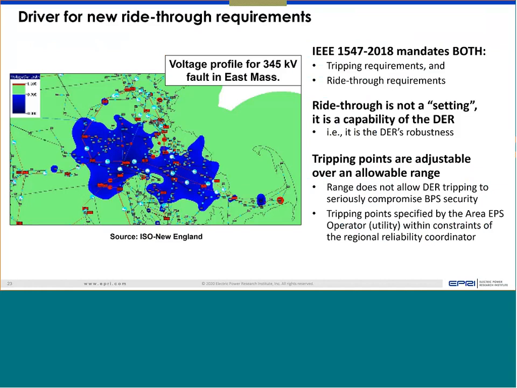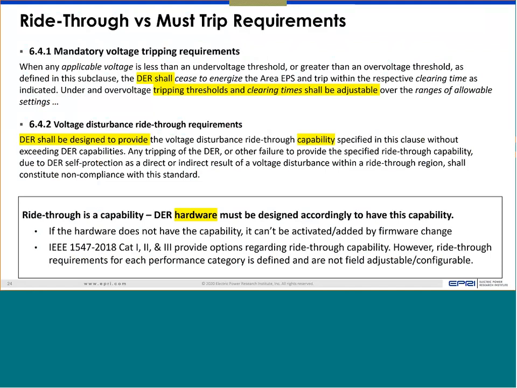That was not a problem before, when we had few systems and the aggregate impact was not large. But now, because of high penetration at certain locations, like Mass, which has a lot of solar, they cannot afford to lose that much generation for very common transmission-level faults. So again, the same argument for why ride-through is required.